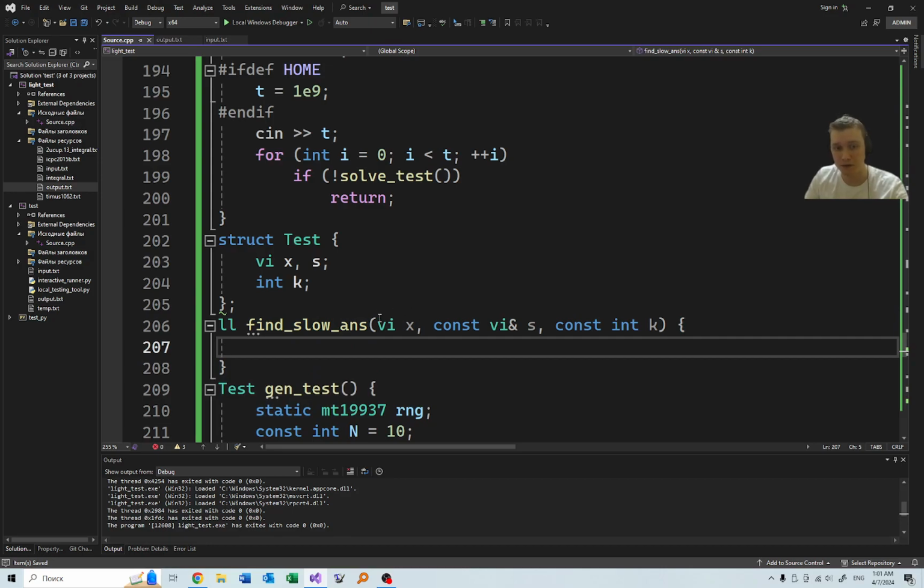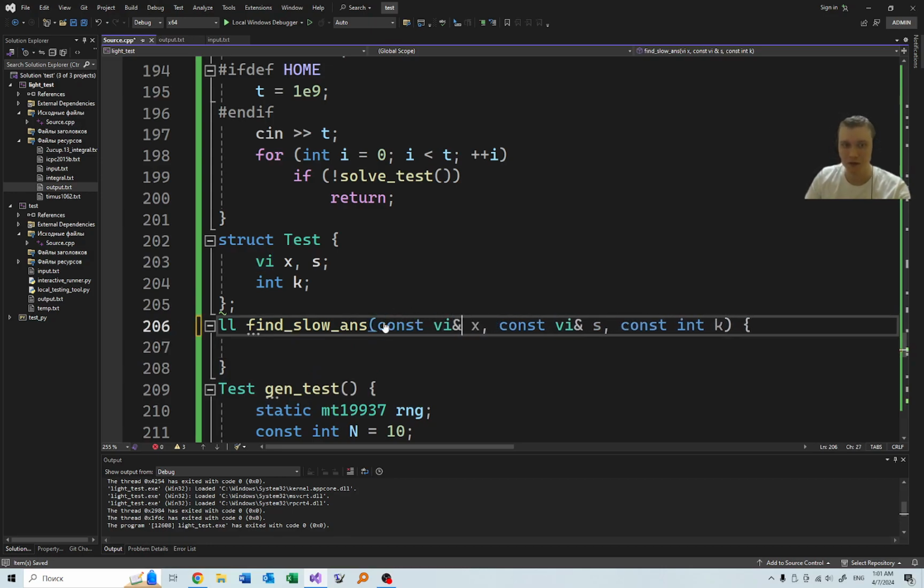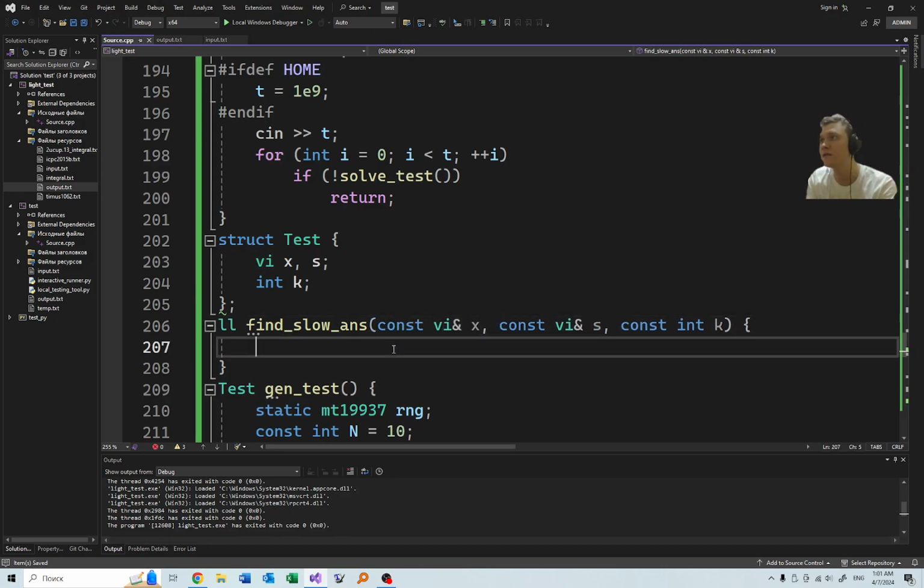So how do we do it? Basically, we need to find the fastest way for the ball to get to each of the footballers. So how do we do that?